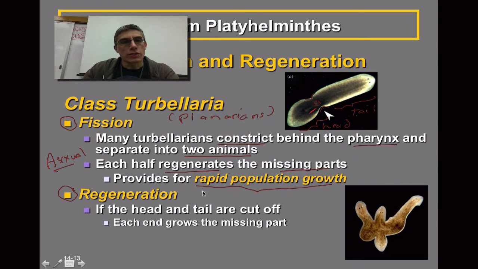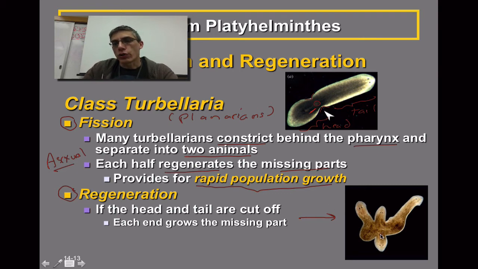Now as we had said, these animals can also regenerate. If there's some sort of damage that has occurred to this animal, it can simply regenerate that missing part. Now on the right hand side, this is sort of an artificial example of regeneration in planarians, and in fact this is something you guys are going to do in class.